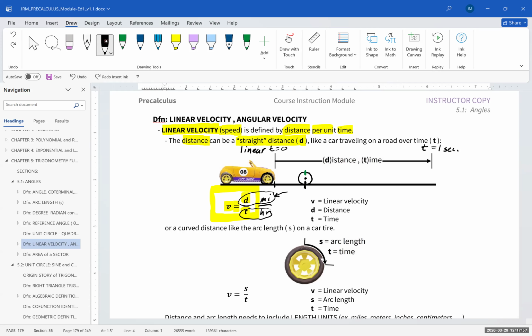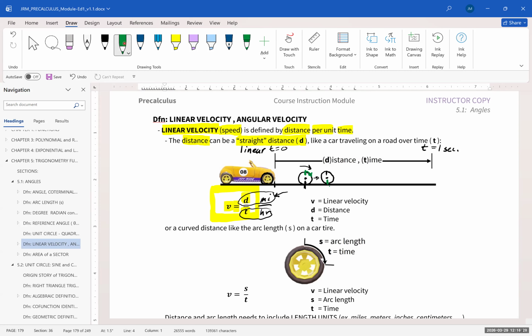Now, as the tire rolls forward, it will be at this position. And as it rolls forward, this mark on the tire will come forward until it makes contact with the road. And the other side of the tire will be where it was.